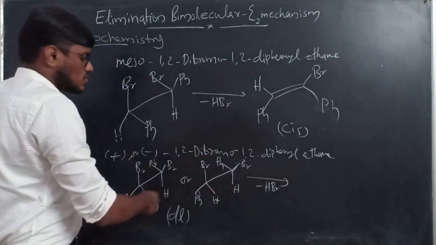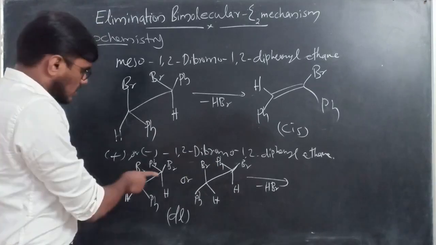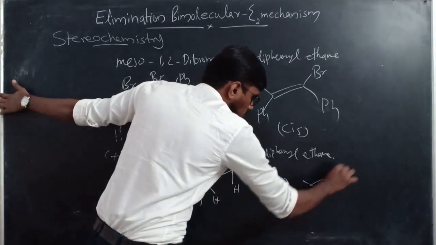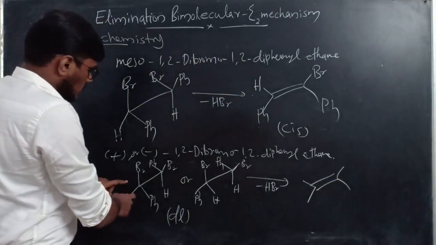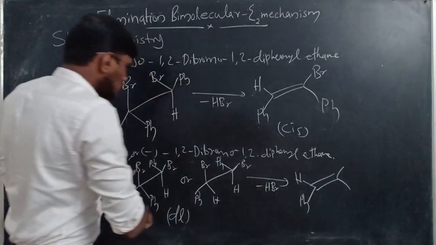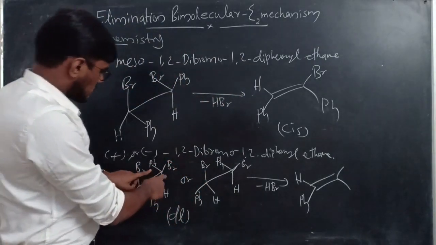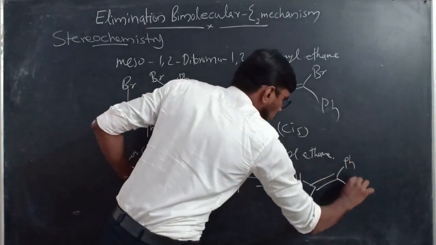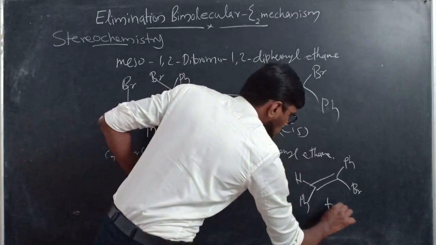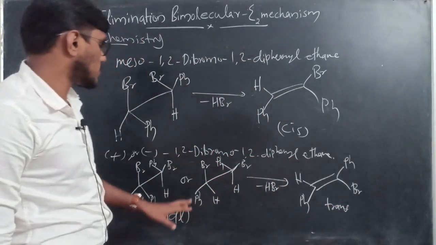That means minus HBr, H and Br anti to each other here also. Here the two compounds give the same product. The product will be like this when it eliminates H and Br, and in this part Ph and Br. You can see that it is a trans compound. Both these compounds give the trans product.